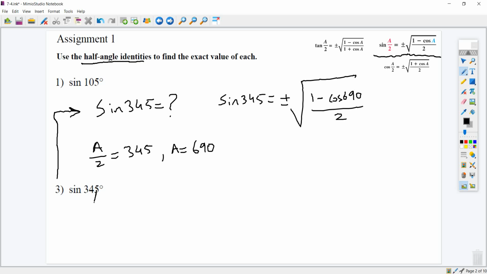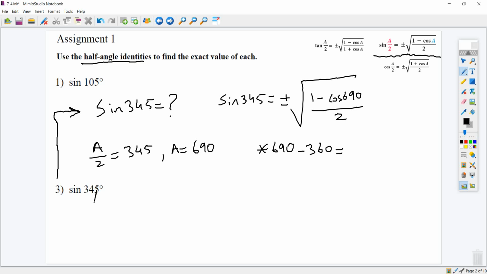If you check what cosine 690 is, obviously this angle is more than 360. So we need to normalize this angle. Remember, if an angle is more than 360, you can just subtract a 360 or 360s as much as you want to make it normal. So to find what that 690 is equal to, we will just subtract a 360 from this angle.